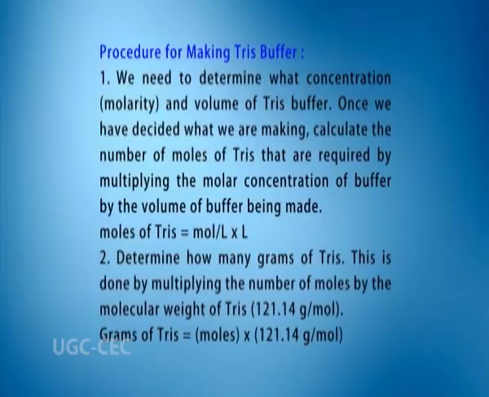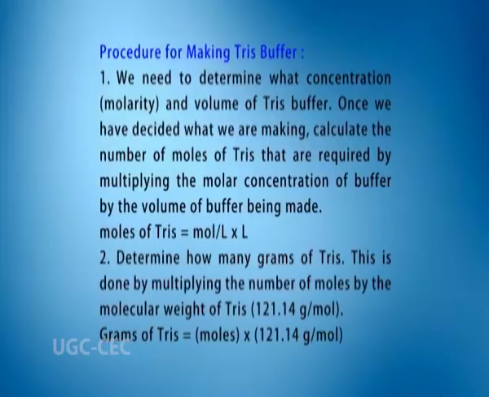Now coming to the procedure for making tris buffer. First, we need to determine what concentration or molarity and volume of tris buffer. Once we have decided what we are making, calculate the number of moles of tris that are required by multiplying the molar concentration of buffer by the volume of buffer being made.